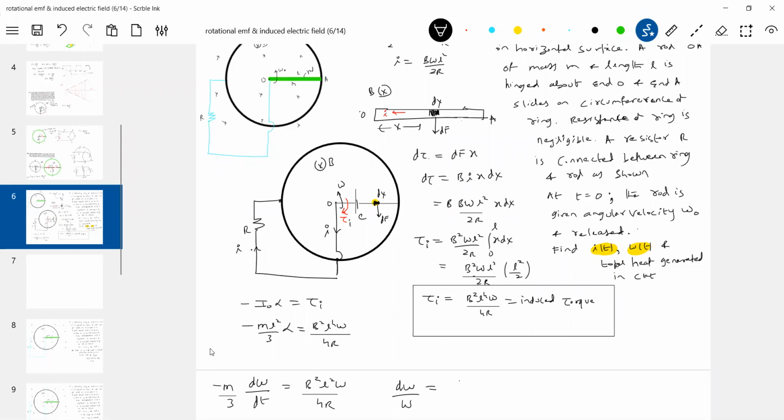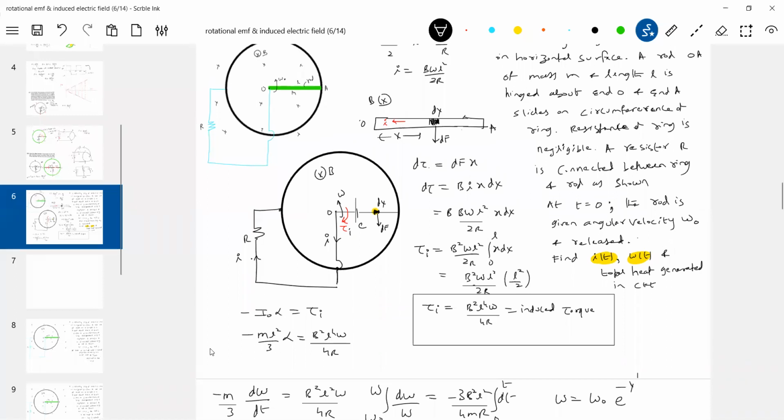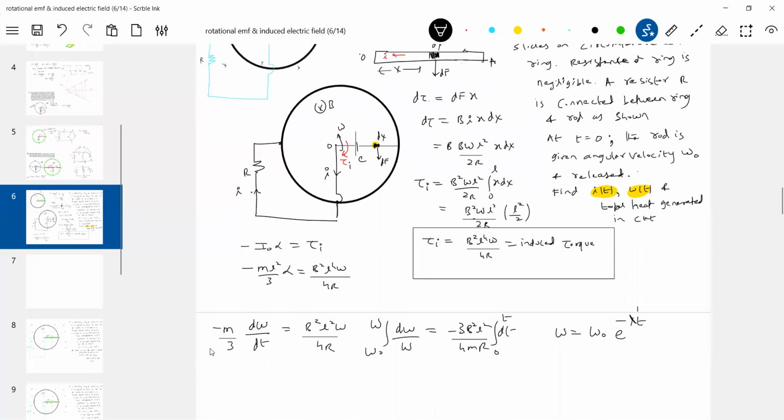Rest all everything, this will be 3 B square L square by 4 m R, minus dt, integrating angular velocity from omega naught to omega at time t. Omega equals omega naught e to the power of minus lambda t. What is that lambda? Lambda is all those terms. Similar thing, no? They're also exponentially decreasing.